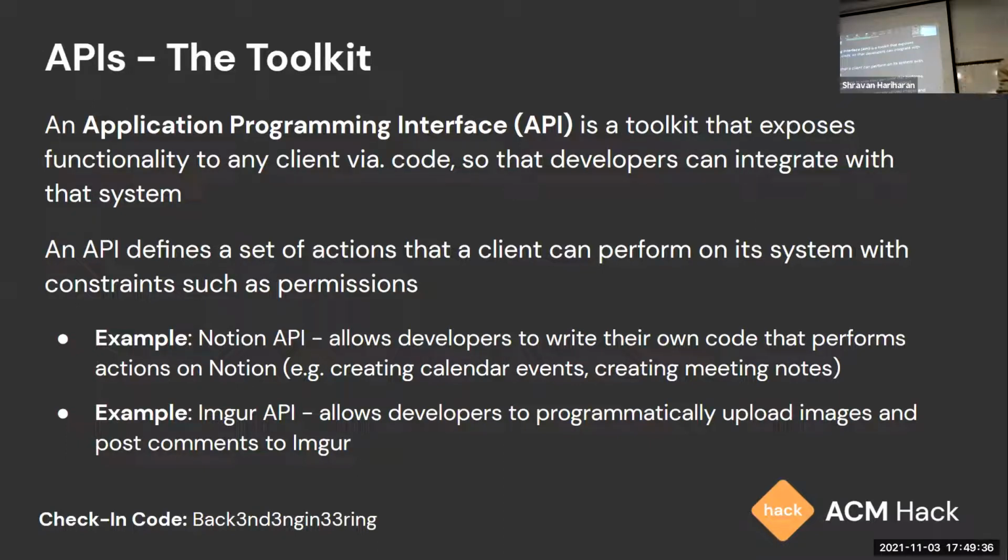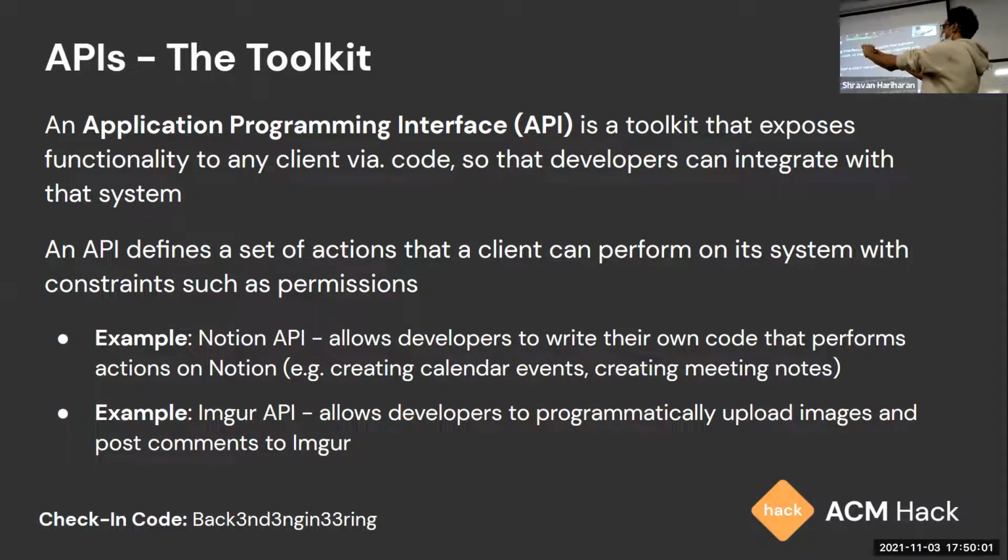Okay, so let's talk about APIs. An API, or application programming interface, is just a toolkit. That's what you can think of it as, a toolbox. What this toolbox does is it exposes functionality to any client via code, so developers can integrate with it. So what does that mean? For now, we had a UI and a database, right?